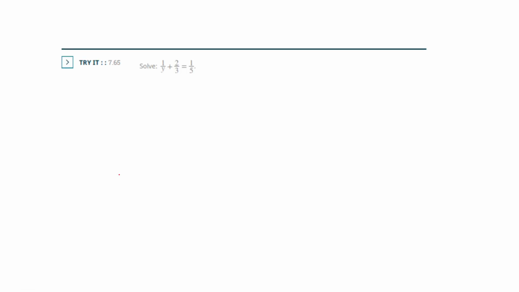Now, as always, try it yourself or I'll show you here. We're going to try to get all of these to be over, well, let's do it like this. This one needs the 3 and the 5, which is 15, and give it to the top and the bottom. This one needs the 5 and a y, top and bottom. This one needs a 3 and a y. Okay, same game we've been doing in the earlier videos. Nothing has changed.